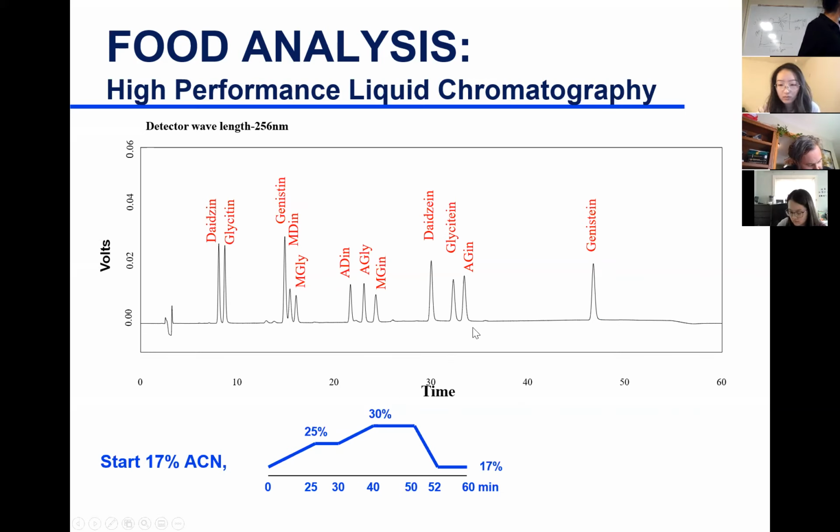So let's say here, this one, A-gin, is coming out at 34 minutes. After this one is coming out, I can increase it faster or more, maybe 40% acetonitrile. Then this one will come out sooner and my run will be shorter. Okay.